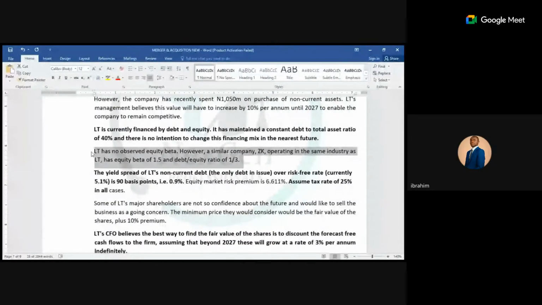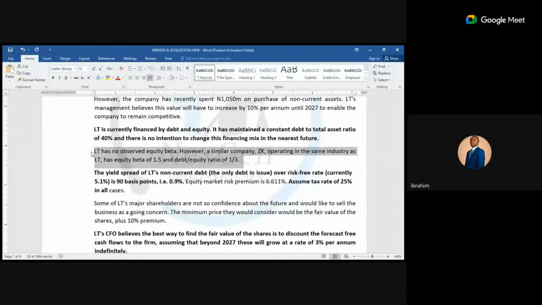But we have to determine the appropriate weighted average cost of capital, because LT has no observed equity beta. And we need the equity beta of LT. When you want to determine your WACC, you will need cost of equity. Is that not so? Because they don't have it, they have to use the data of a similar company.